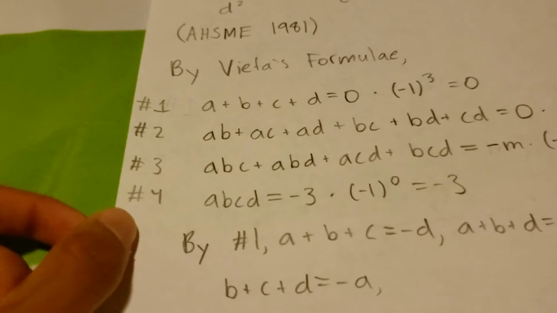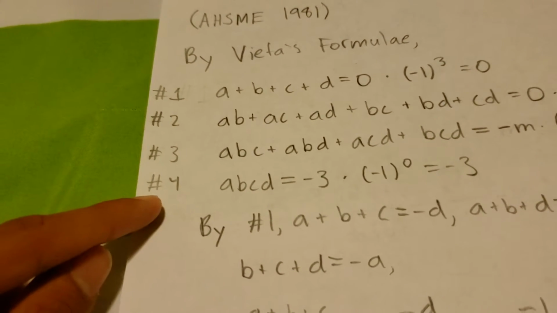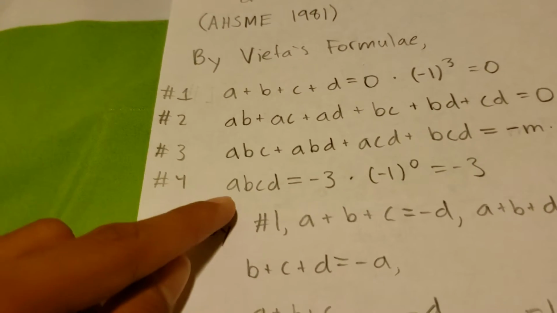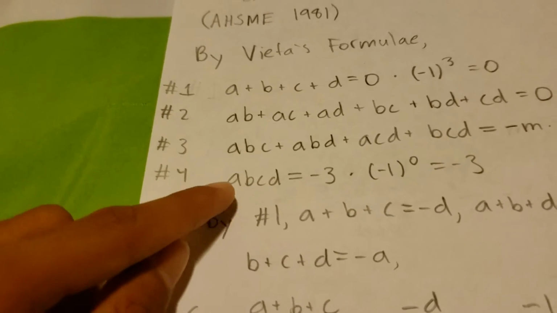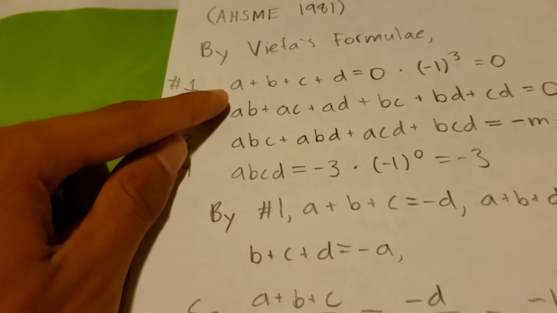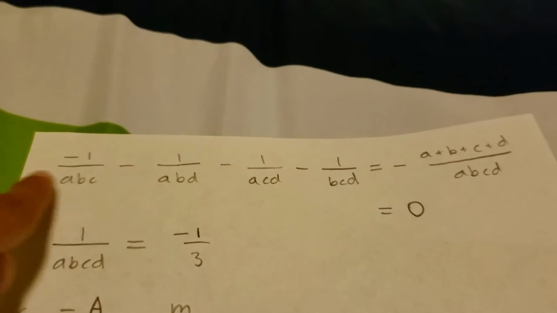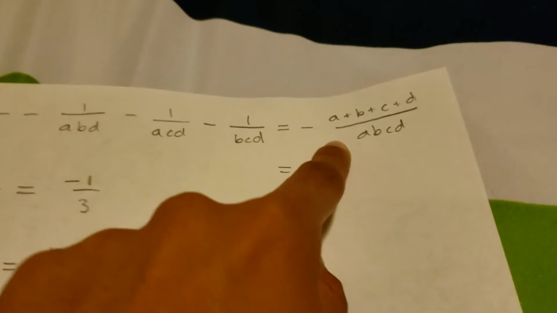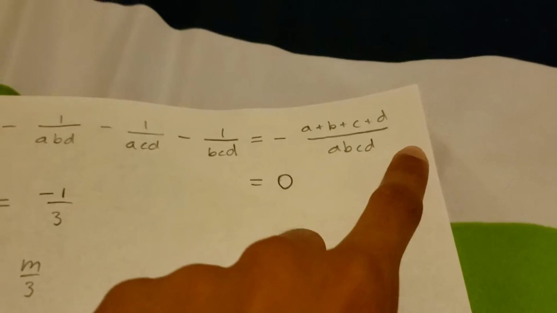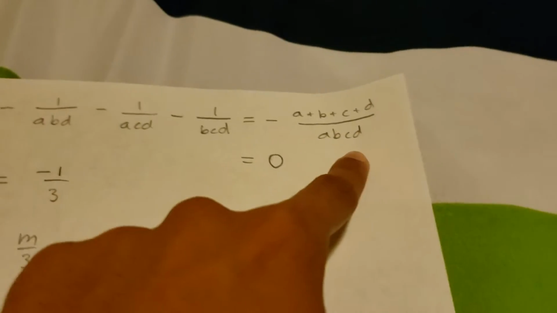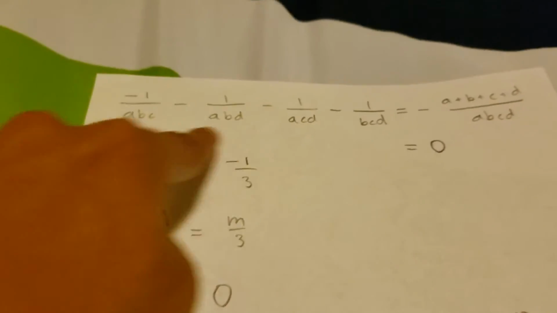We divide equation 1 by equation 4, and in the end, in the denominator, we always have 3 roots because 1 always cancels in the numerator from each of these 4 terms. So we have negative, because we have a negative in front of all of these terms on the left-hand side. So negative A plus B plus C plus D over ABCD. You can verify this by splitting up this fraction and you'll see it simplifies to this right over here.